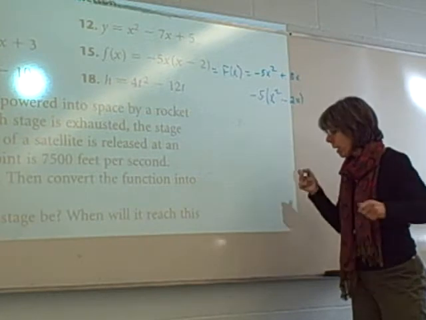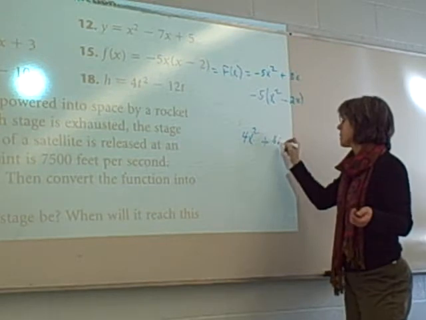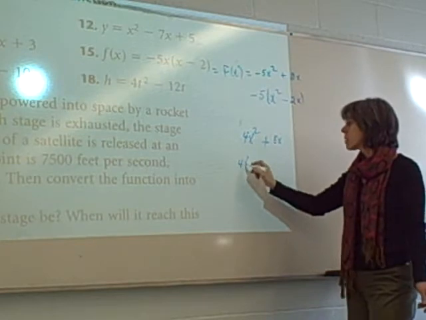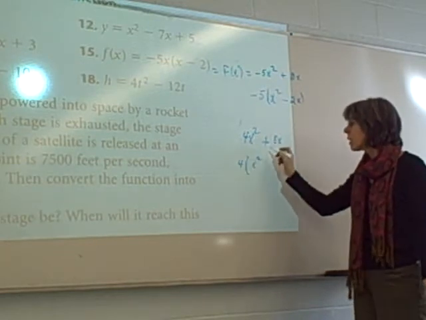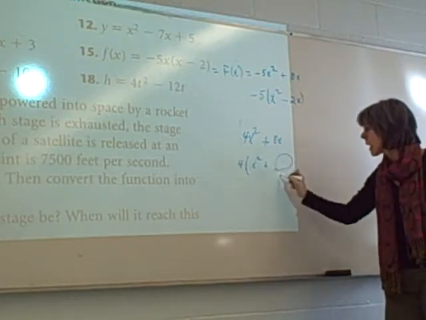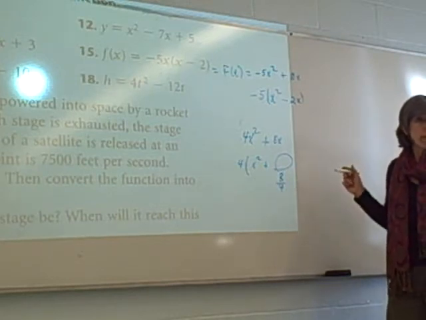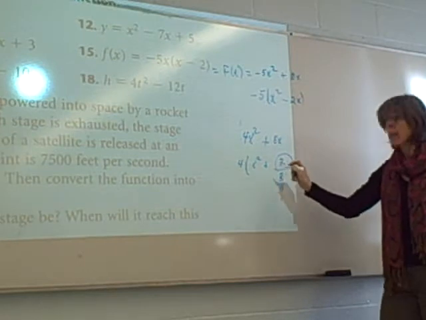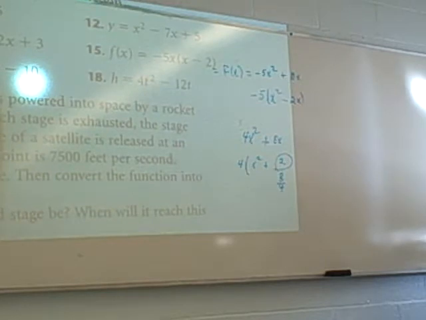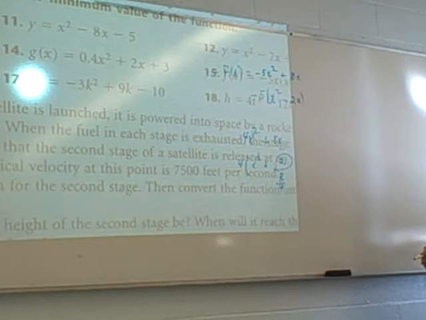So if I have 4x squared plus, let's say, 8x, and I know that the GCF is 4, I could say 4 times x squared. To get this number, can't I really just say, what is 8 divided by 4? And what would 8 divided by 4 be? 2. Isn't that right? Okay, so in this case, for number 14, it was 0.4 x squared plus, can't I do the same thing? Divided by 0.4?